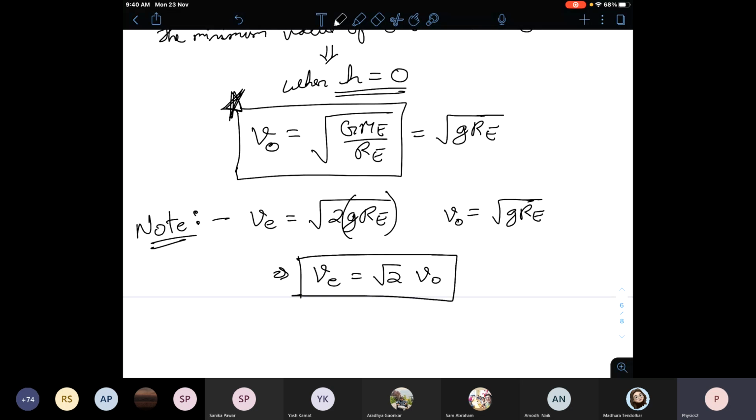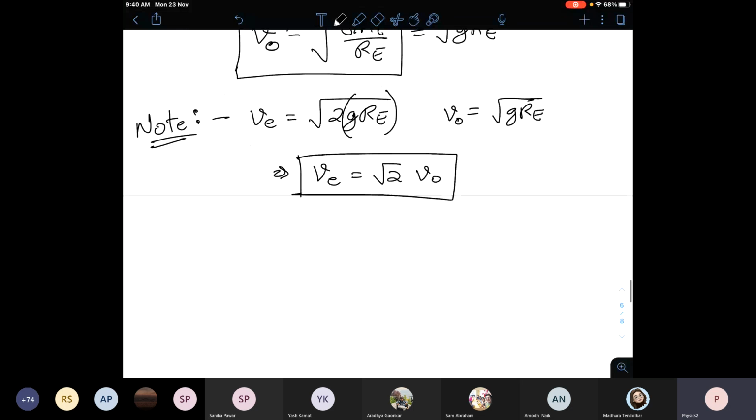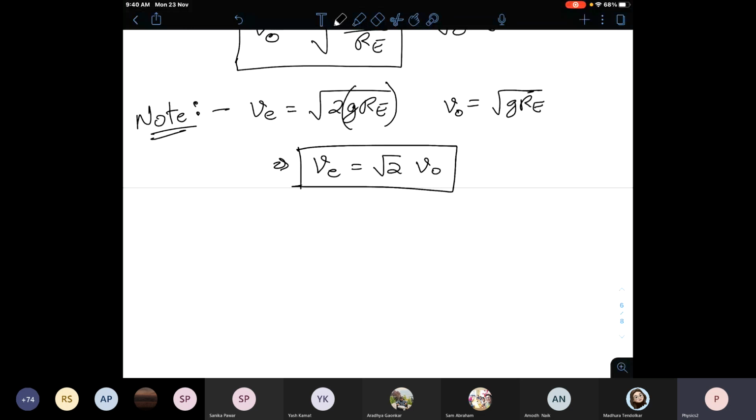Another term which we use is time period. Time period of a satellite is very important, because we need to know whether the satellite is a geostationary satellite or not. You must be knowing what a geostationary satellite is. A geostationary satellite is a satellite which rotates with the Earth.